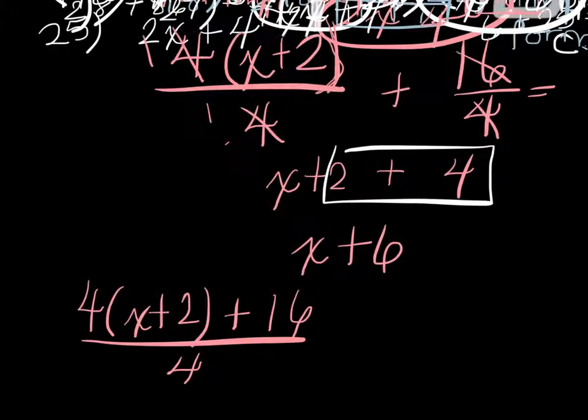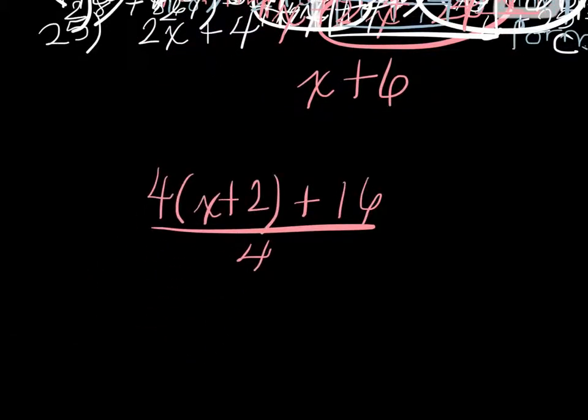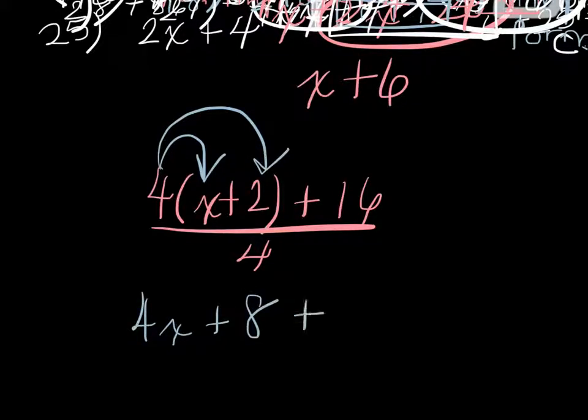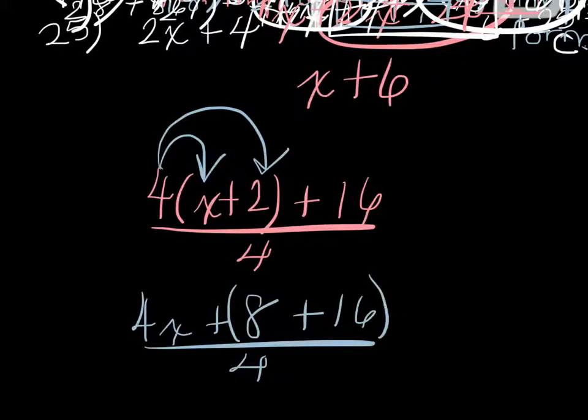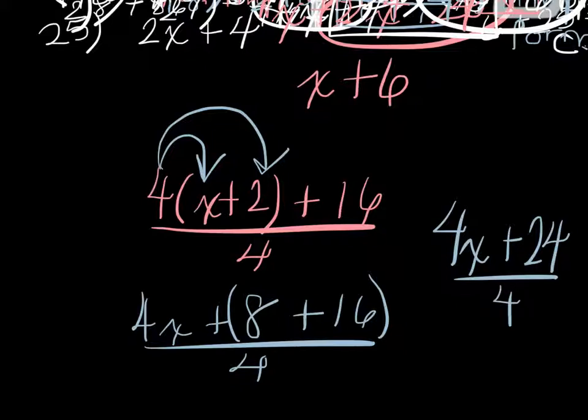Assuming we do distributive property first, I multiply by 4 inside the parentheses: 4 times x plus 8, plus 16 divided by 4. I can still break these into 3 pieces, or I can combine 8 plus 16, so I can say 4x plus 24 divided by 4.